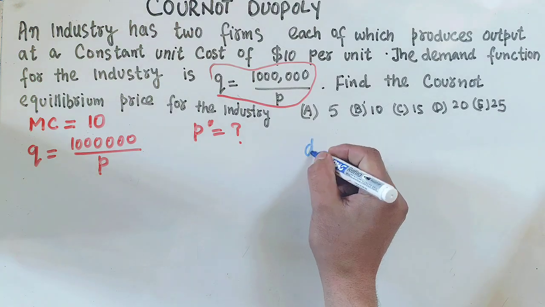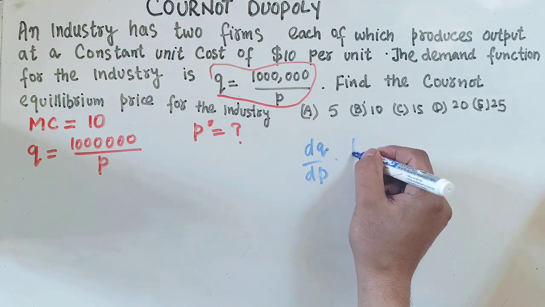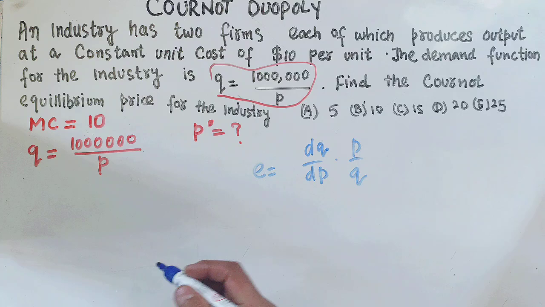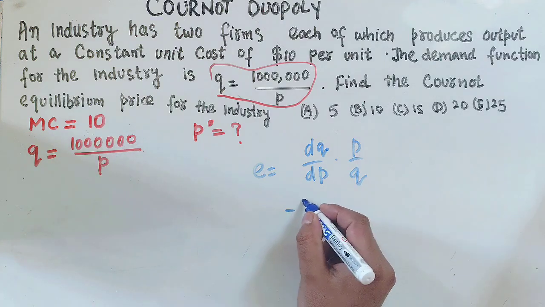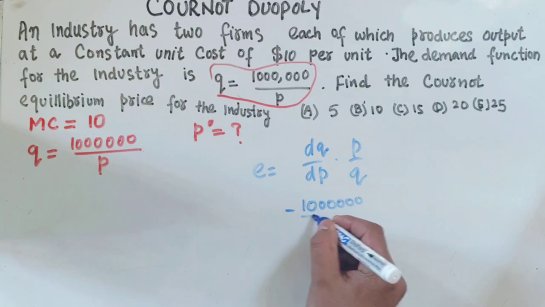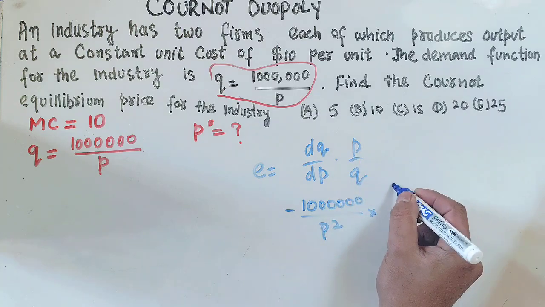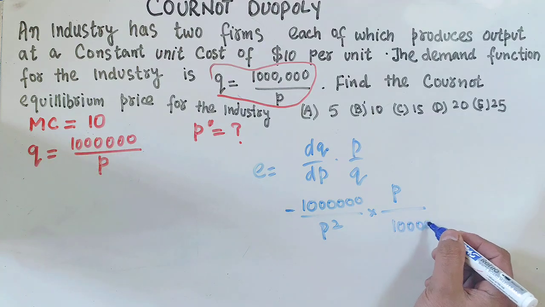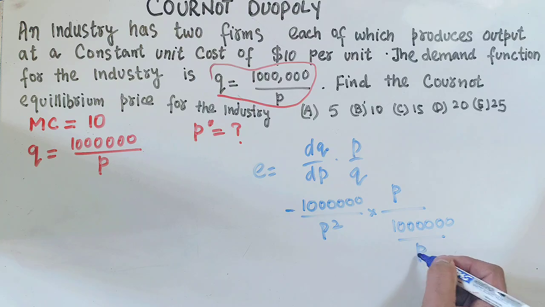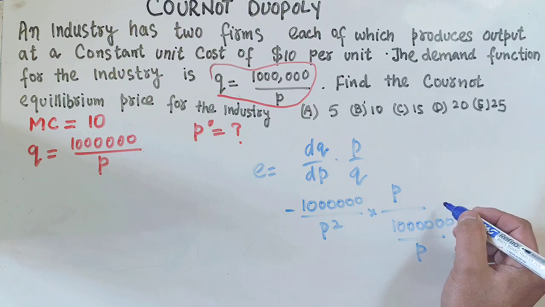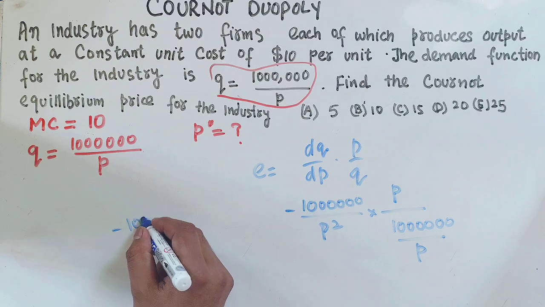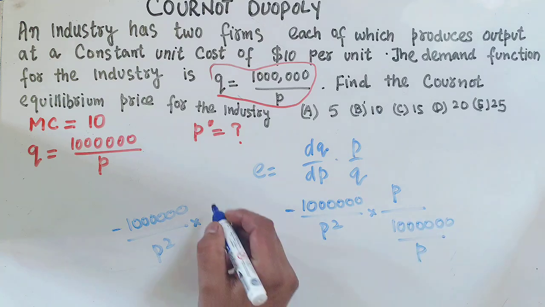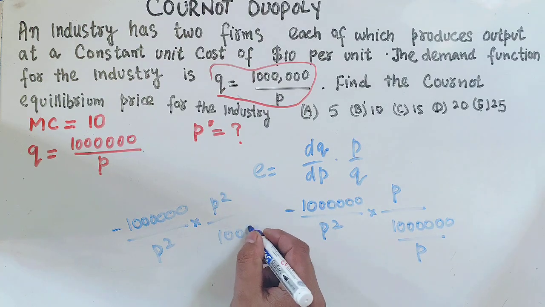Price elasticity of demand is dQ upon dP times P upon Q. dQ upon dP means the derivative of this demand function with respect to P, so it will be equal to minus 1 million divided by P square, times P divided by Q. Q is again 1 million divided by P. So transposing it here, it becomes P square divided by this stuff.